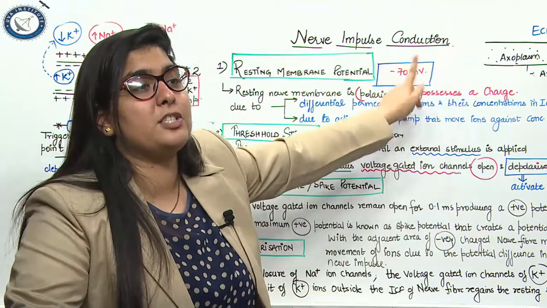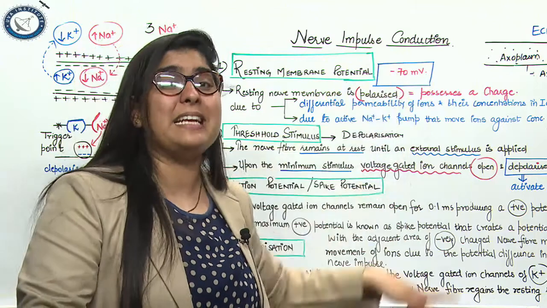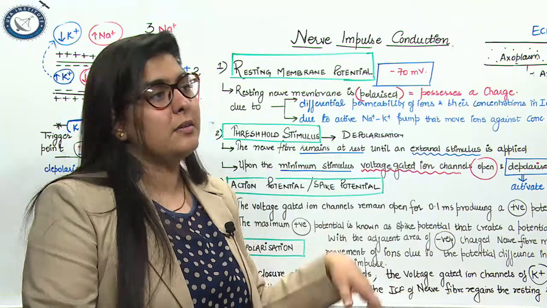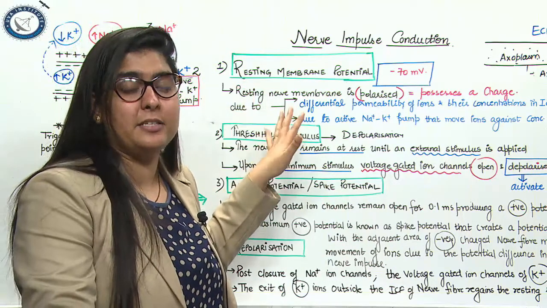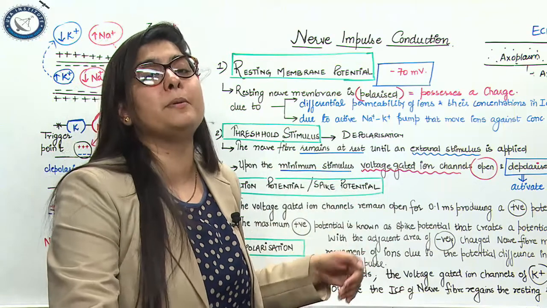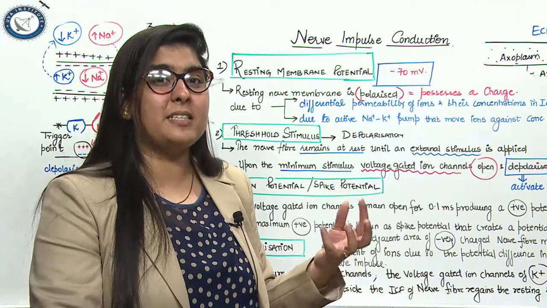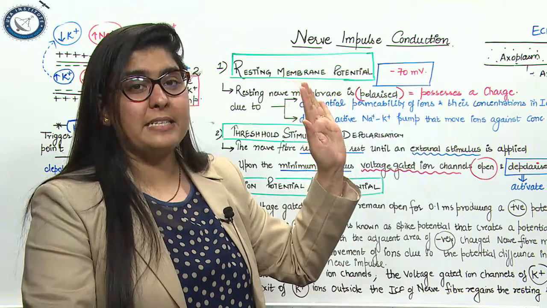Minus means that it possesses a charge, a negative charge. That's why we call it polarized. And this polarization of the resting nerve membrane is due to two main factors. One, obviously the sodium potassium pump, which is acting against the concentration gradient so that there is no balance. Second, the differential permeability of sodium and potassium. See, potassium is relatively less permeable to go on the outside and vice versa for sodium.